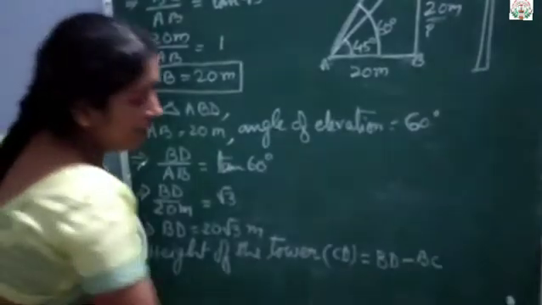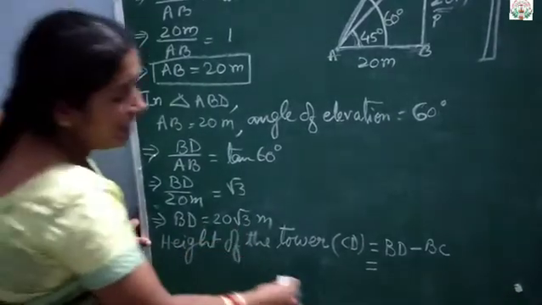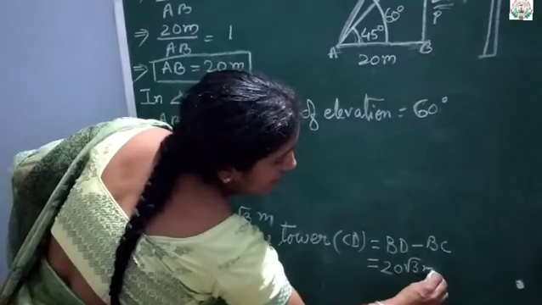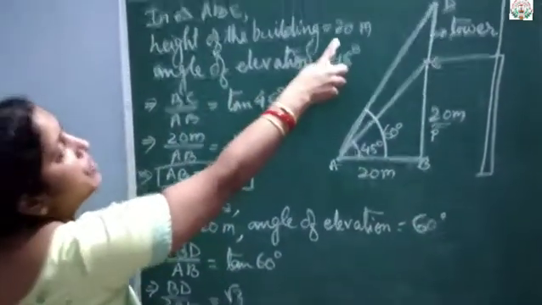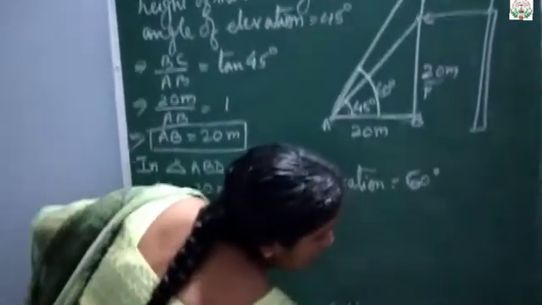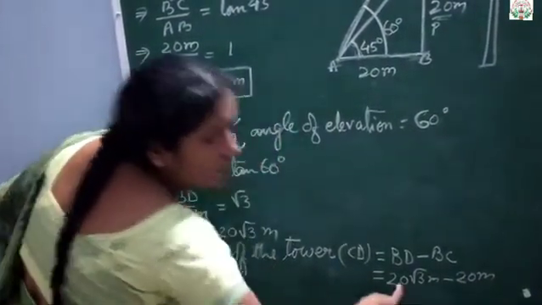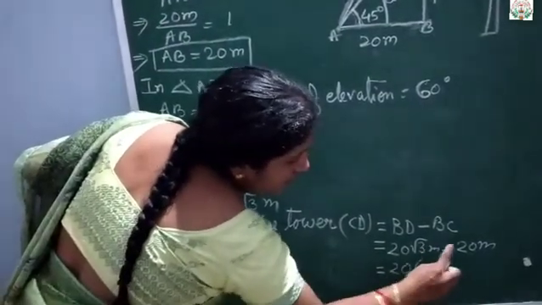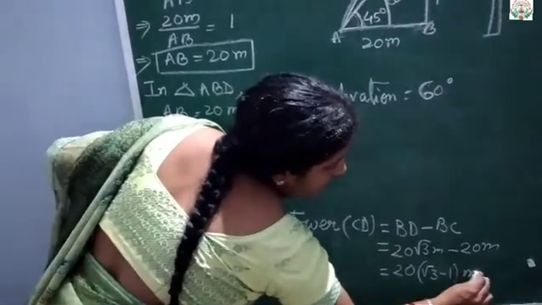The height of the building is BC. BD we got as 20 root 3 meter, minus BC, the height of the building, which is 20 meter. In both, 20 is common, so we will take 20 outside. Then what is left is root 3 minus 1 meter.